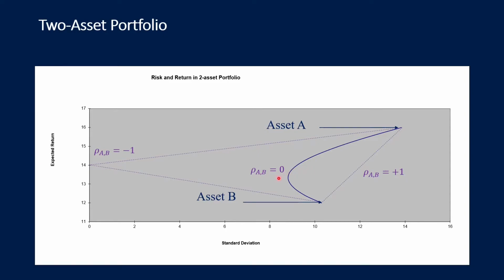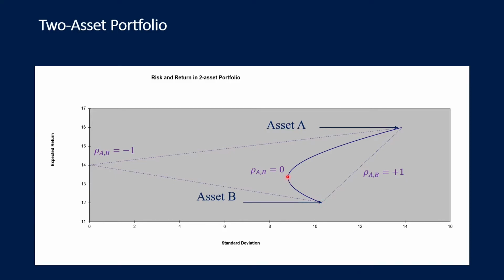But even if rho is 0, if we don't see any correlation between those assets, we still have this egg-shaped curve, and we can find a minimum variance portfolio that minimizes the risk. And this portfolio is a lot better. It's mu sigma dominant towards asset B. Why that?